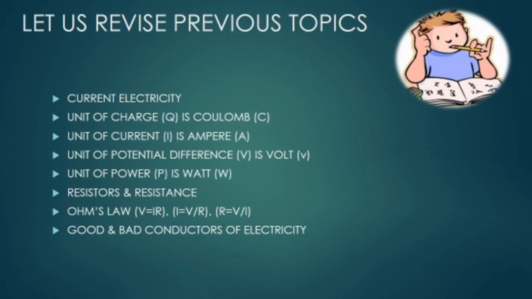Whatever difference of charge is applied across a metallic conductor is called the potential difference. For example, if you apply a cell or a battery, that becomes a potential difference for that particular electric circuit. Unit of power is watt. Power is denoted with the letter P and watt is denoted with the letter W.